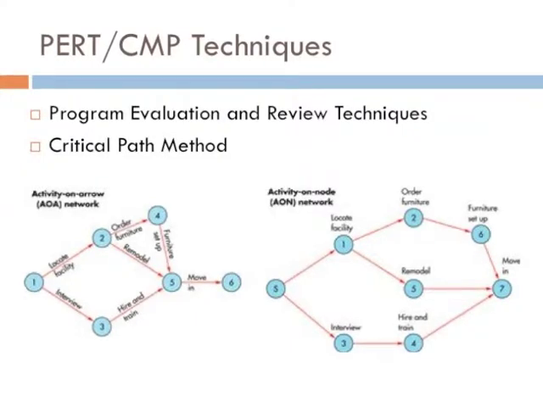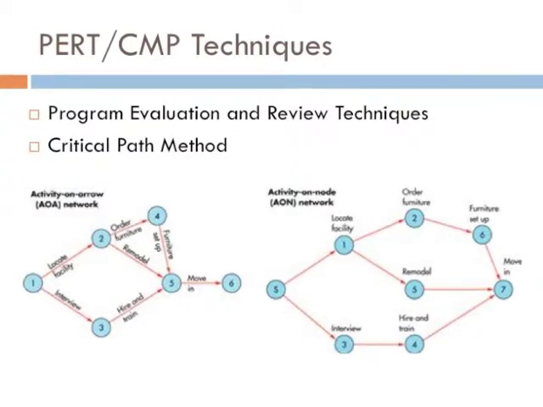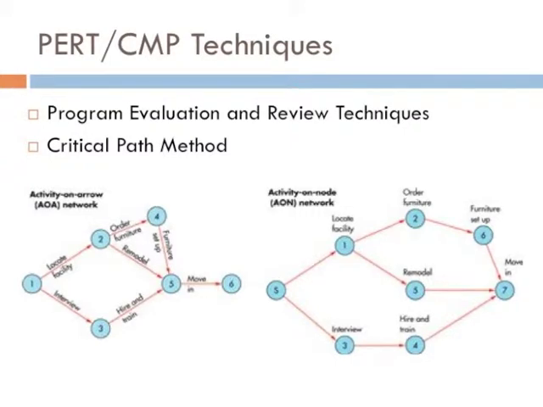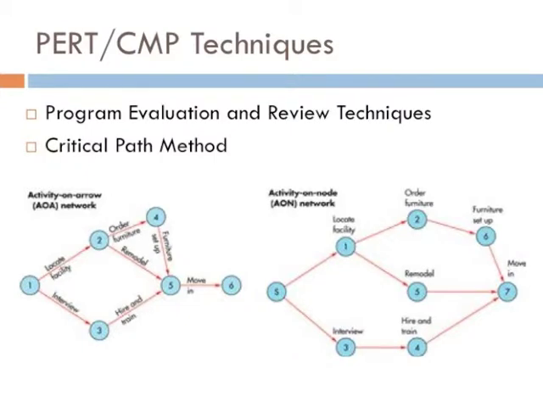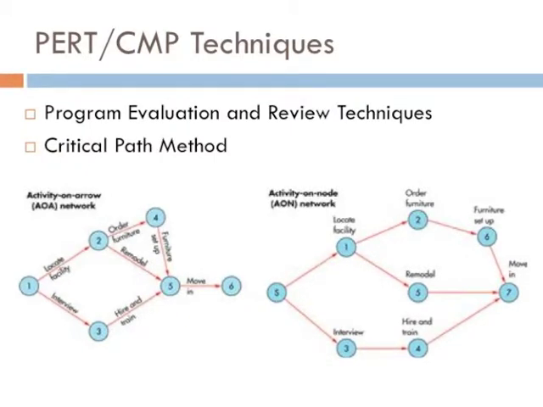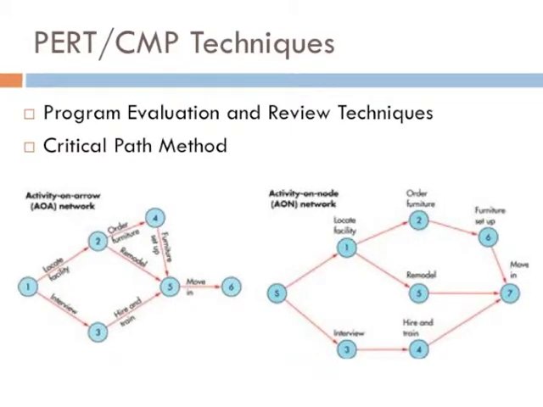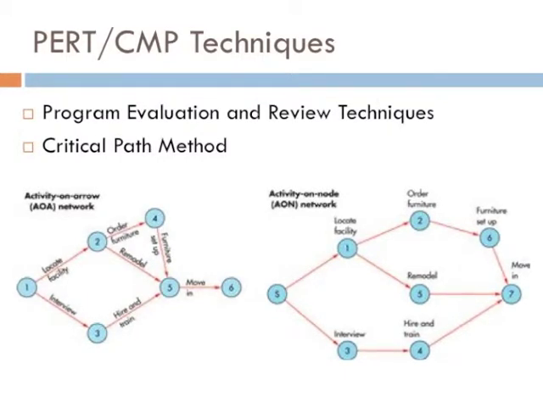By using PERT and CPM, managers are able to obtain A, a graphical display of project activities and their sequential relationships, B, an estimate of how long the project will take, C, an indication of which activities are most critical to the timely project completion, and D, an indication of how long any activity can be delayed without delaying the project. Once the critical path is determined, the expected completion date is then determined, allowing other tasks to be scheduled in order of their requirements.